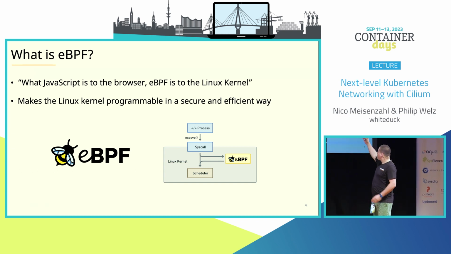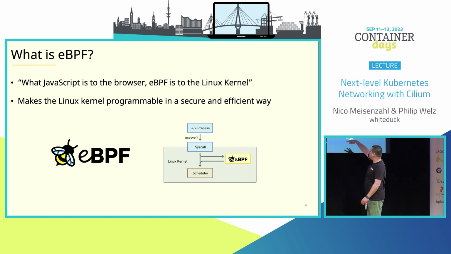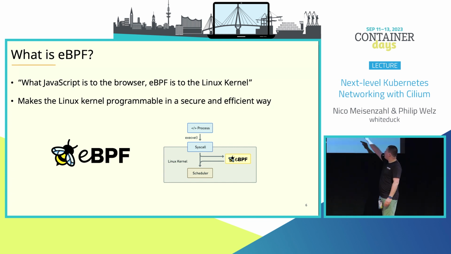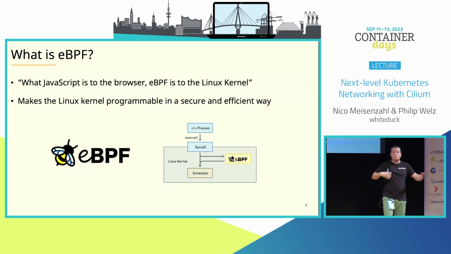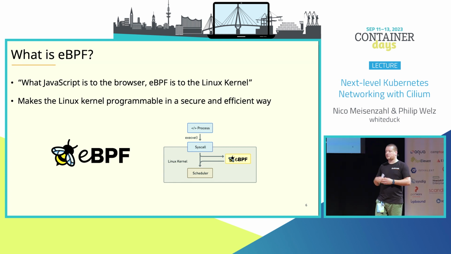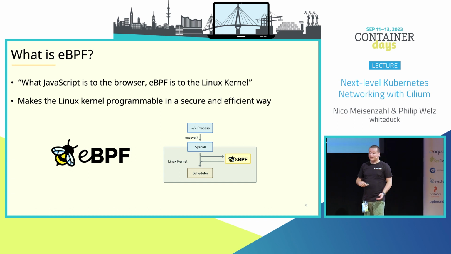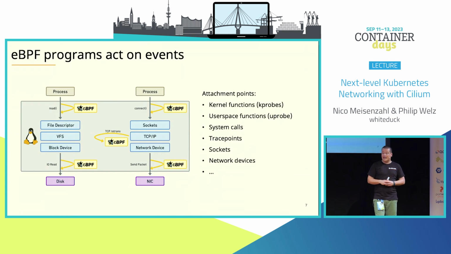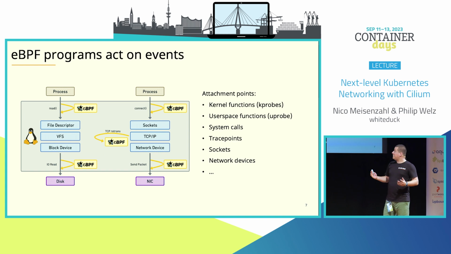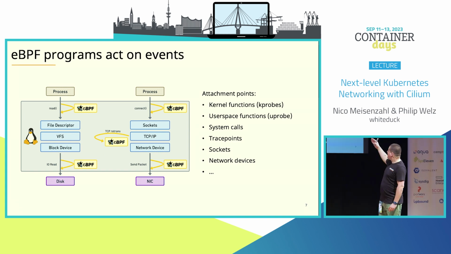So for example, we have a process that relies on a syscall in our Linux kernel, and then we can hook in our eBPF code, our application doing something. And basically, this is what Cilium and all other tools relying on eBPF are doing. They're running specific code on specific syscalls in this example. But it's not only about syscalls; it's basically running your application on specific events, and those could be any attachment points.